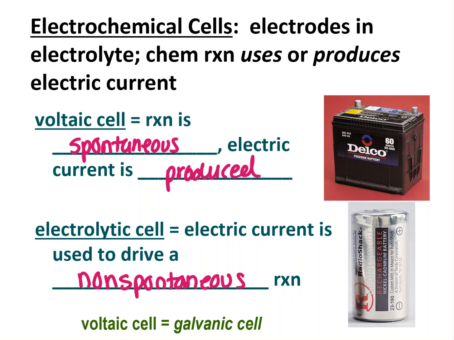In a way, you could think about it as when you're using a battery, you have this reaction going, it's acting as a voltaic cell, but when you're recharging a battery, you're applying an electric current to make the opposite reaction, which is non-spontaneous, go. I say voltaic cell, that's the more common term, but galvanic cell is the same thing.